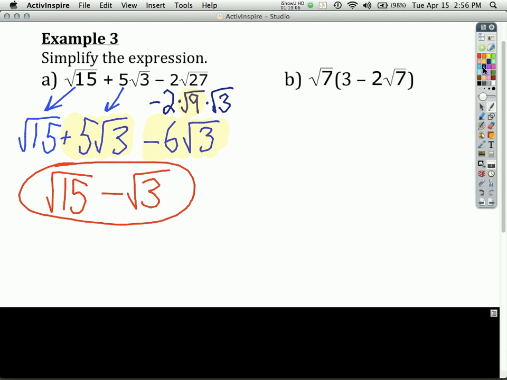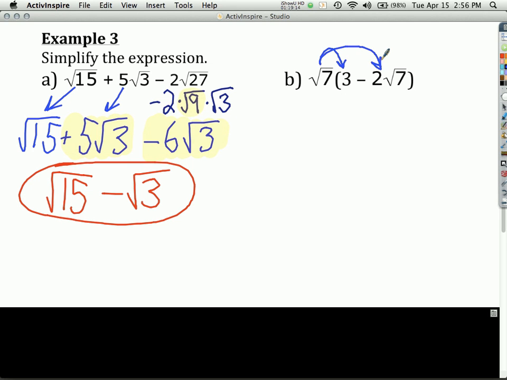And so, we multiply what's on the outside. I didn't do that very well. Let's try that again. On the outside times what's on the inside. But now we've got radicals involved, and so now you just need to be careful. Multiply the first one, we end up with 3 radical 7. But the second one, we have a -2, and now we're multiplying a radical 7 times itself.